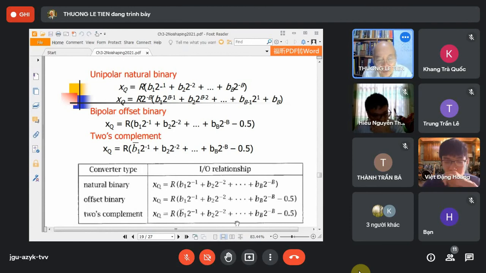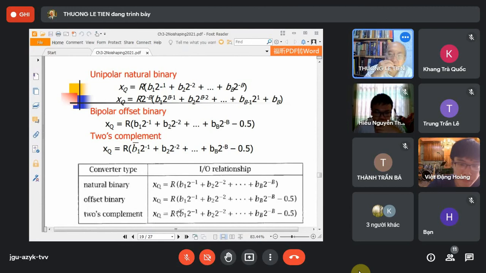So what about the offset binary? The offset binary is related to the two's complement. We just check the complement of the most significant bit only. With the dash here, we check the complement of B1.